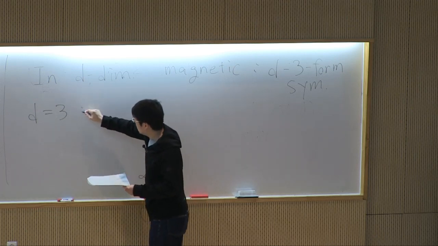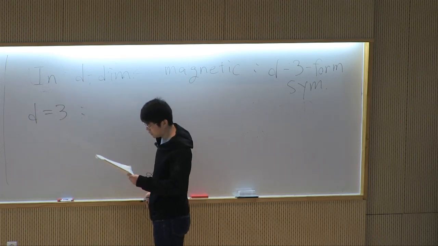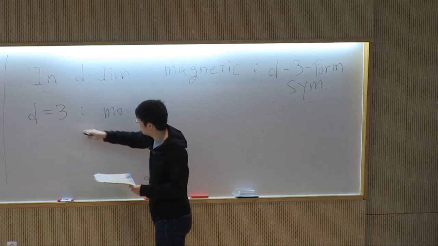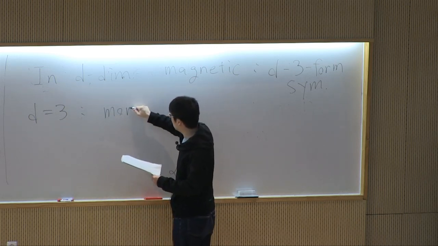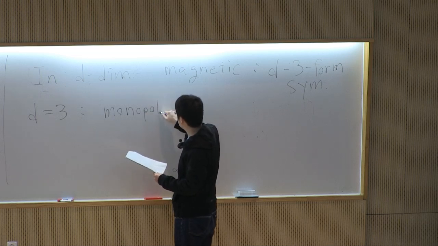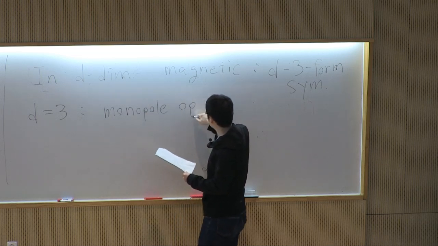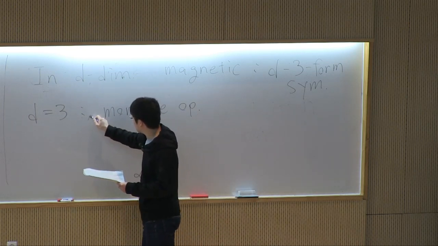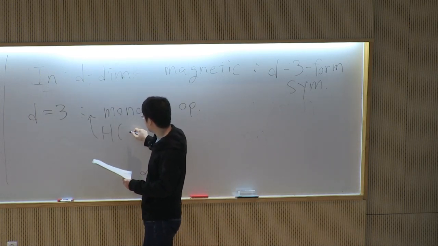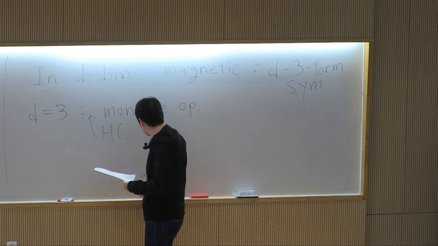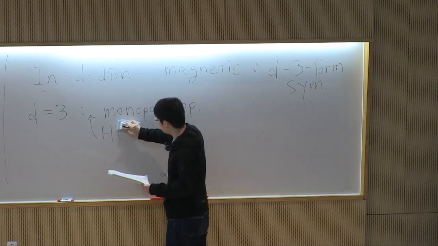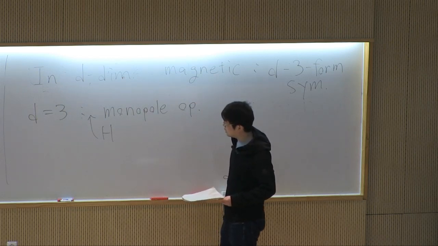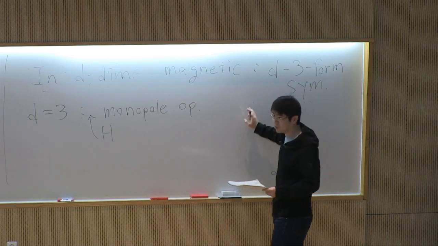then the 't Hooft operator is called the monopole operator in the special case of d equals 3. Because in 3 dimensions, this is just a 0-form symmetry.